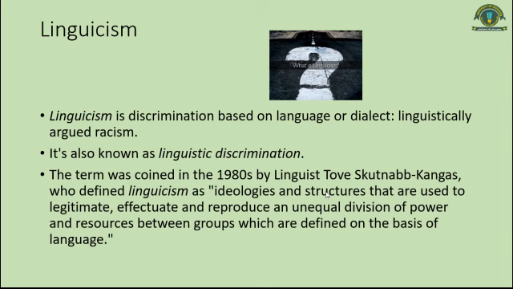For producing that unequal division of power, all the ideologies and the structures which are used and made effective and legitimate, and the resources between groups which are defined on the basis of languages. She termed those ideologies and structures which are used for unequal division of power on the basis of language as linguicism.